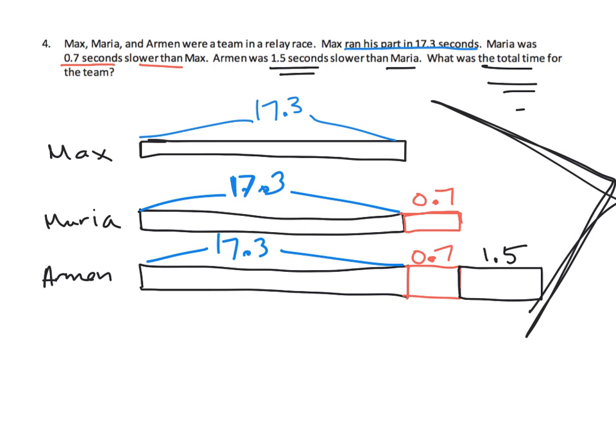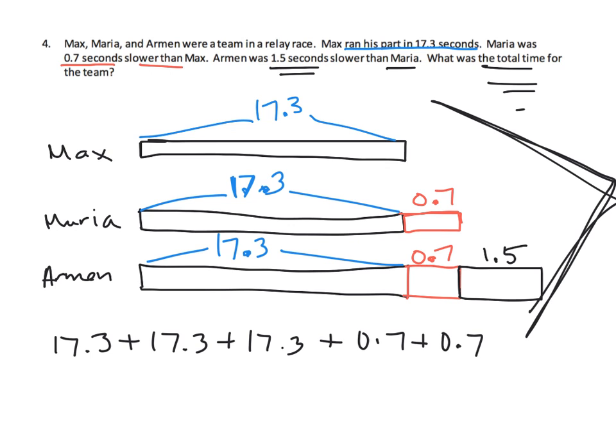So if we need to know the total time, that means we're going to have to find some way, and parents and teachers, I'm going to leave it up to you, but for our students to add 17.3 plus another 17.3 plus another 17.3, that takes care of all of these, plus a 0.7 plus another 0.7, that takes care of these, plus a 1.5, and that takes care of this guy right here.